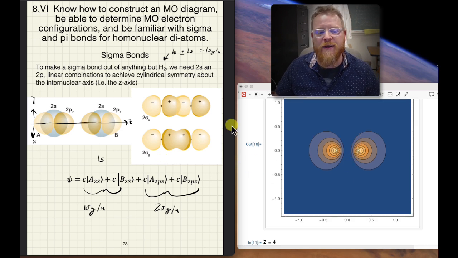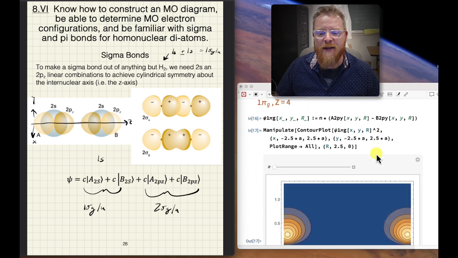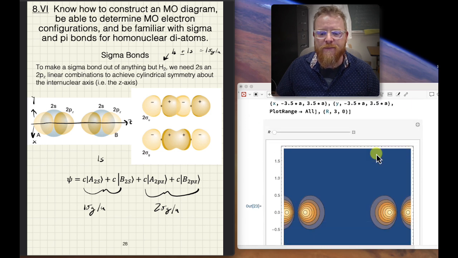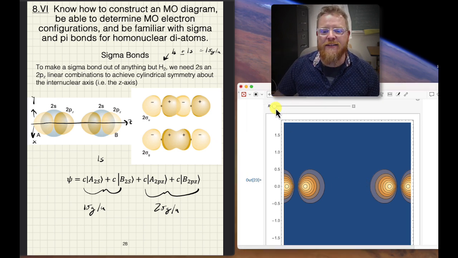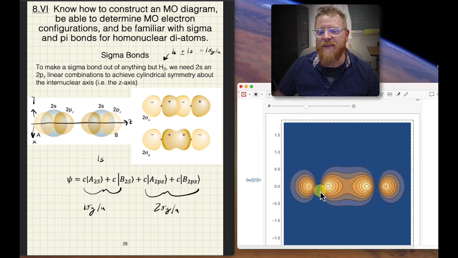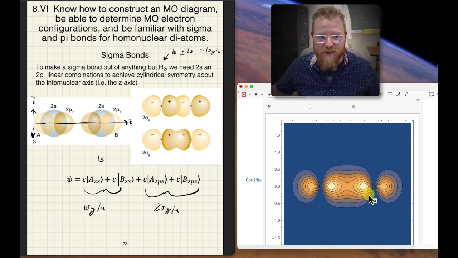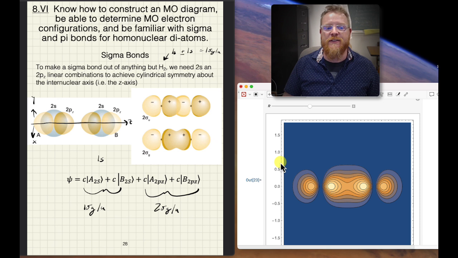I've got a picture of it right there, but we can see it in my static model. I've got 2pz orbitals now oriented towards each other, right? And as I bring these closer together, lo and behold, they make this lovely cylindrical symmetry around the z-axis. We also have these orbitals appearing outside of that range, which are places in which lone pairs could exist.